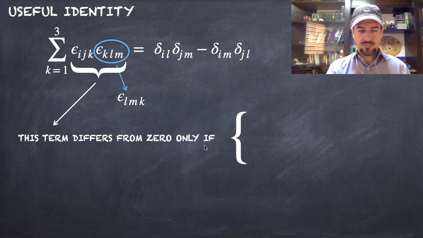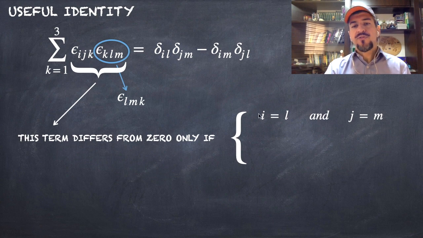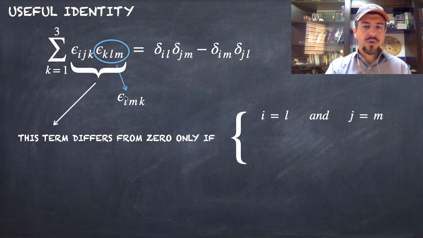The first one, if i is equal to L, the first index equal to the first index here, and at the same time, J being equal to M. In that situation, both tensors will have the same sign. So if this is plus 1, this is plus 1 as well.